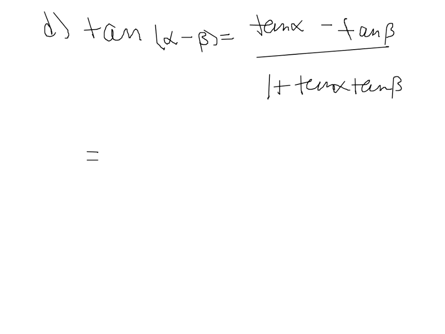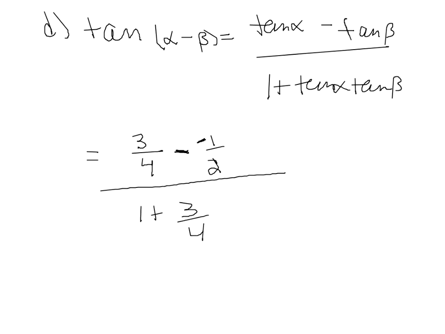Okay, so returning to the first page, tangent alpha is 3/4. Tangent beta is minus 1/2. So that minus is from the formula, and this minus is because tangent's negative in quadrant 4. And then we get 1 plus 3/4 times minus 1/2.